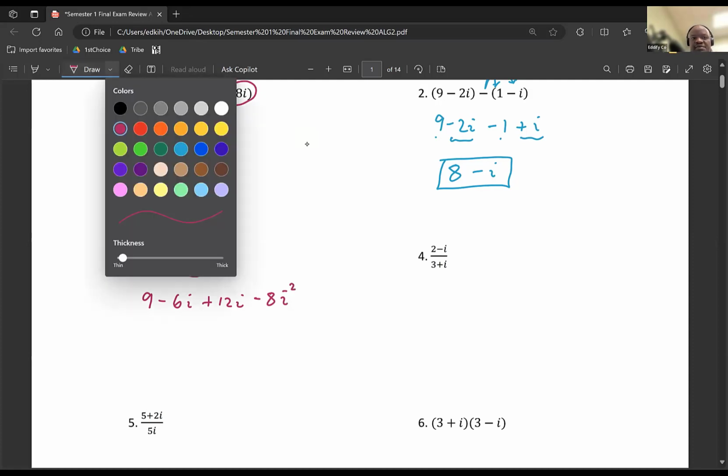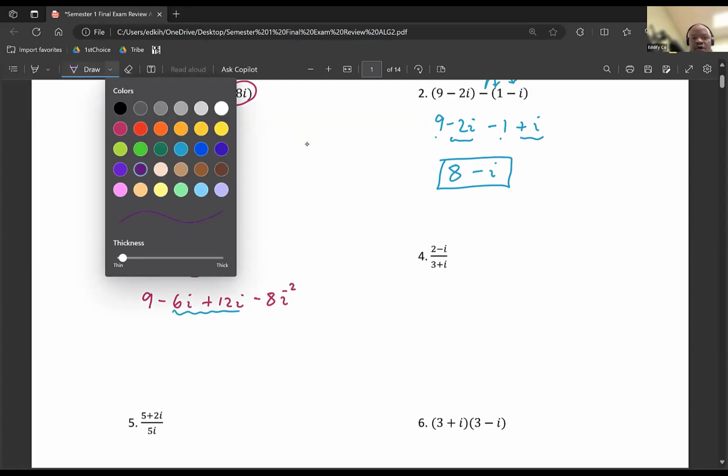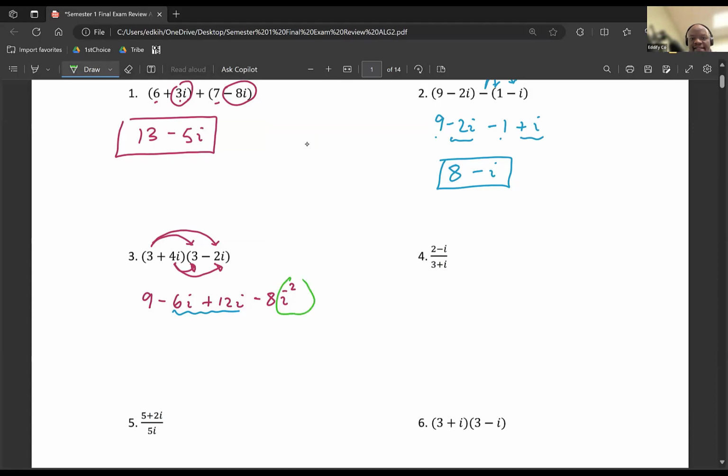Now, as far as like terms are concerned, you guys can already see these are like terms. That's cool and all. But remember, there's also something to be said about this i squared. So I'm going to pause here for a second to remind you guys of a little saying that we had. We said "i-one."